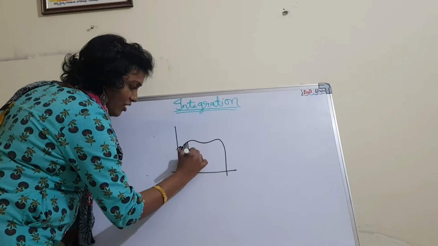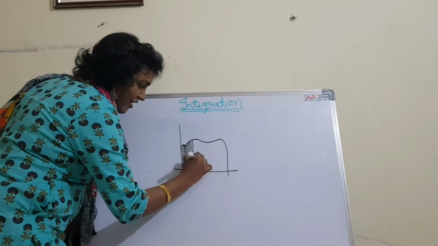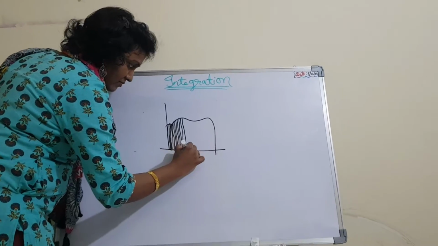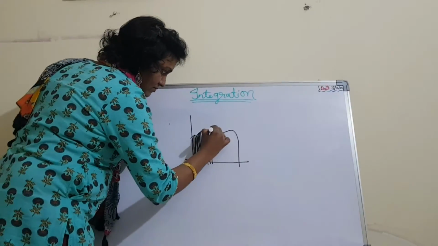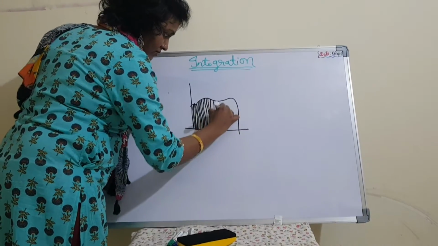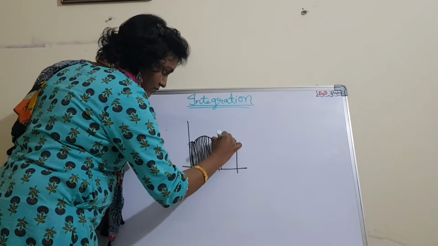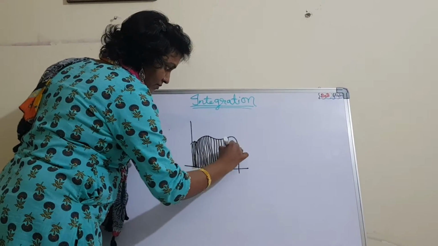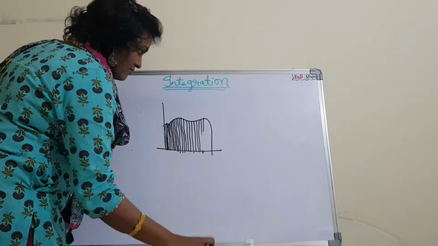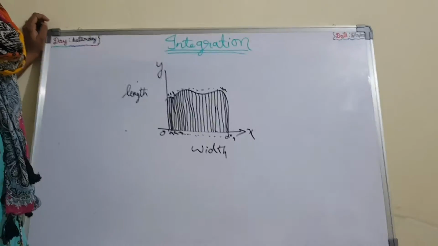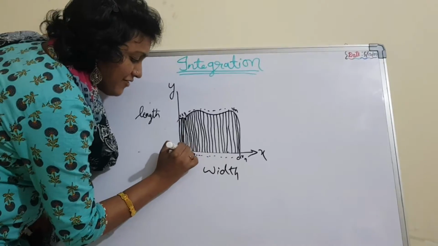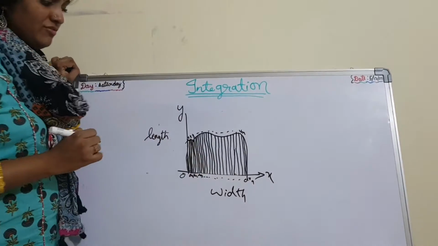We have to divide into very small lines. We are dividing into very small rectangles. Then we can find the area easily, no?